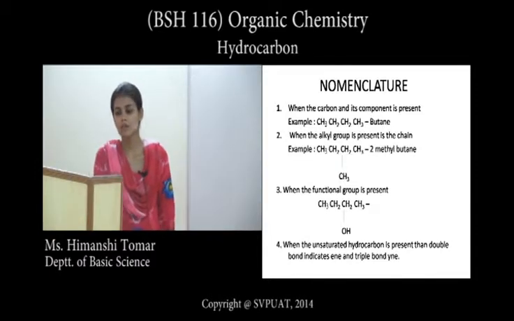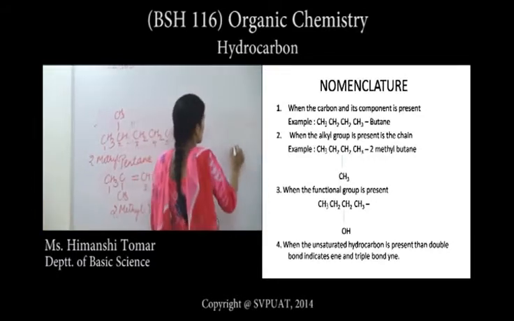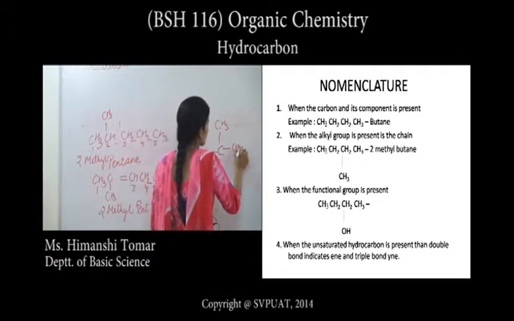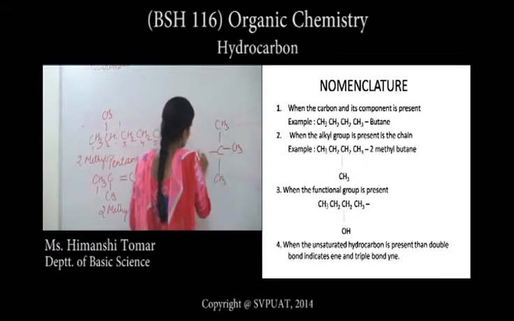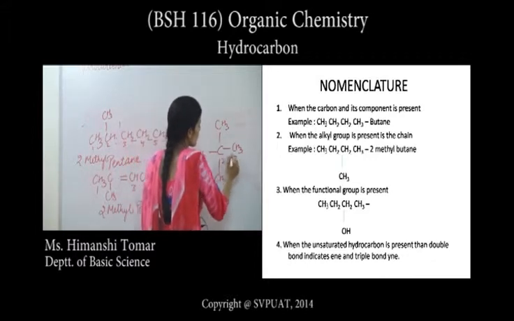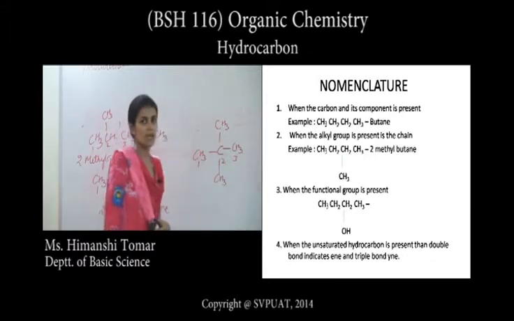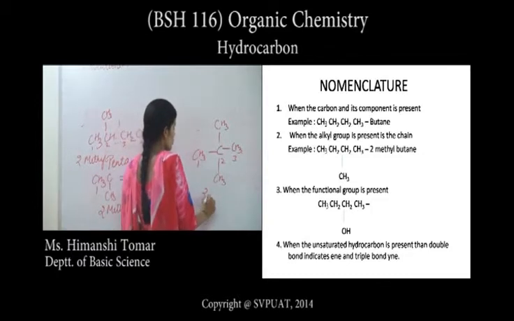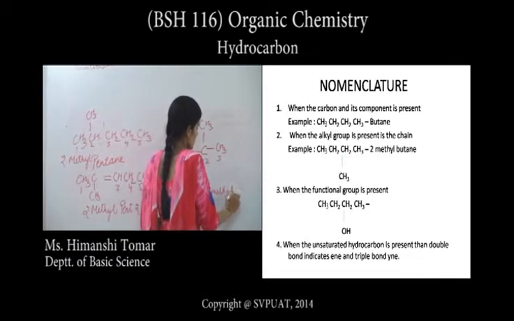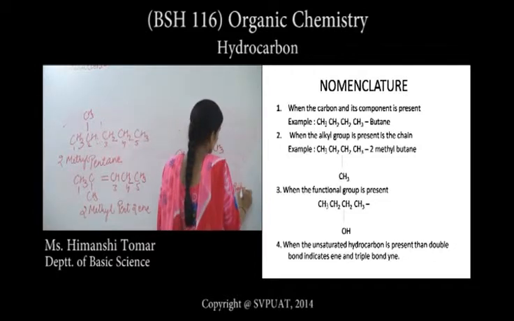If we have a compound like this, where the four valences of carbon are filled by methyl groups, then the name of this compound is 1, 2, 3. Position two has two methyl groups, so 2,2-dimethylpropane.